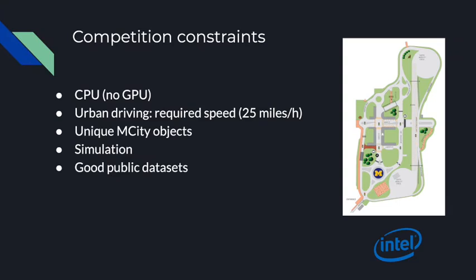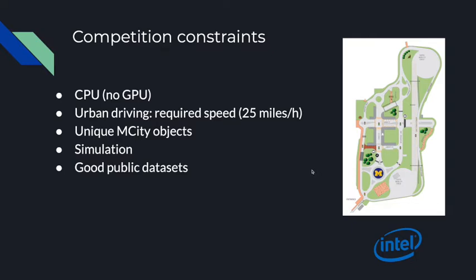First, I'll talk about the competition constraints that we have. For the Auto Drive Challenge, we are restricted to not using GPUs. That is a pretty big constraint, considering that a lot of companies use a lot of neural networks in their detections.